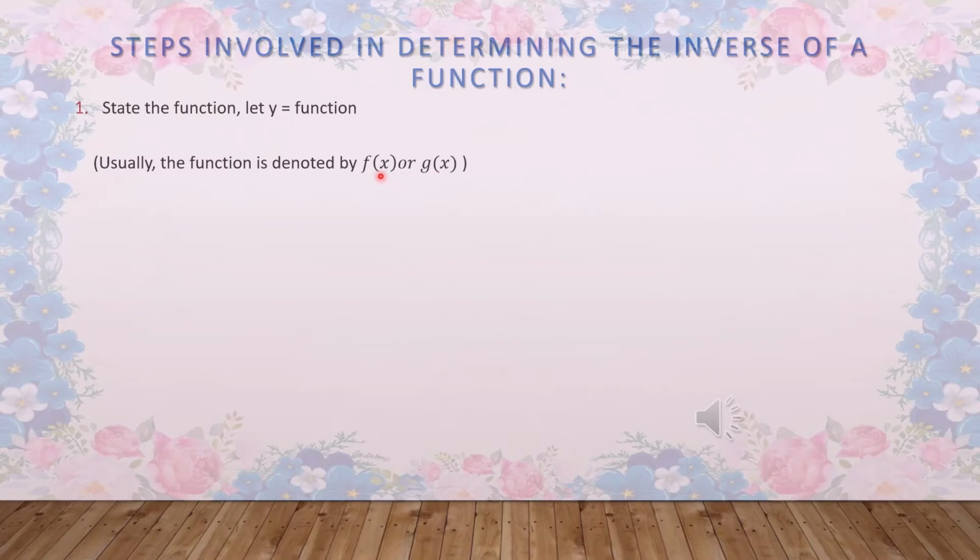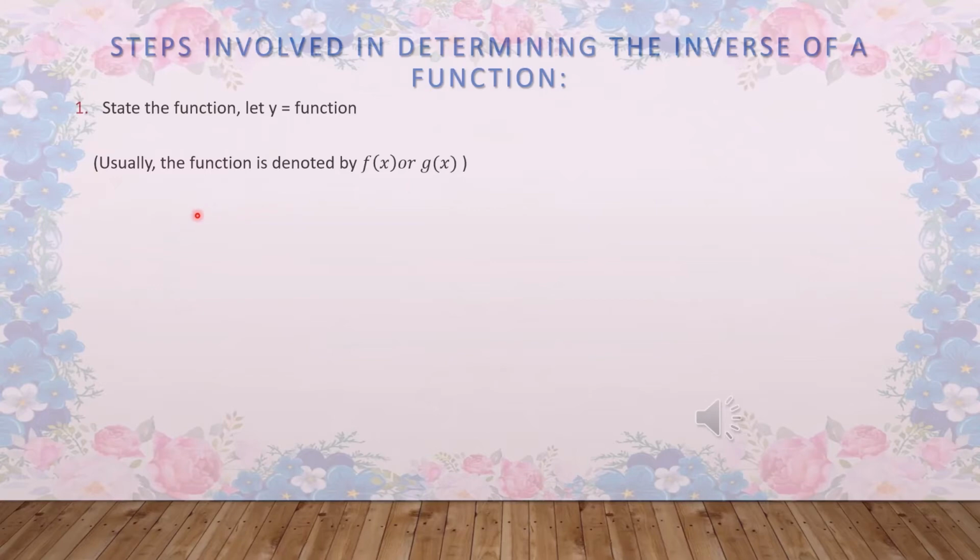We start off by saying let y equal f of x, or let y equal g of x, where f of x or g of x could be an algebraic expression, most times in terms of x.